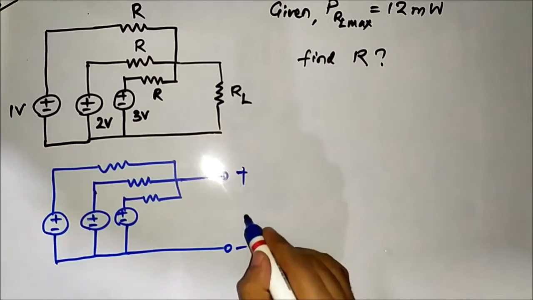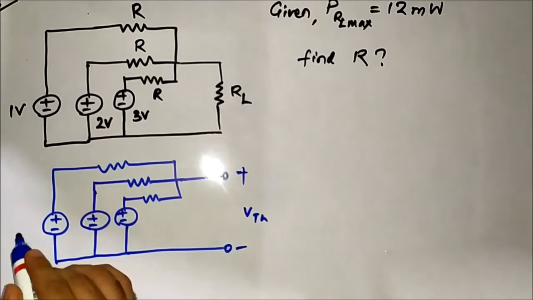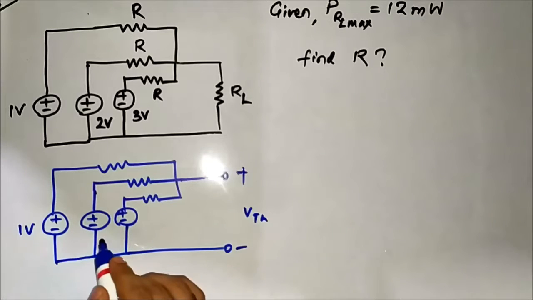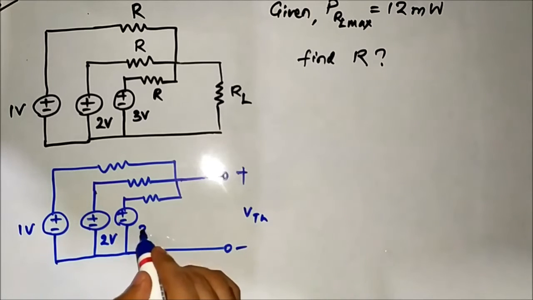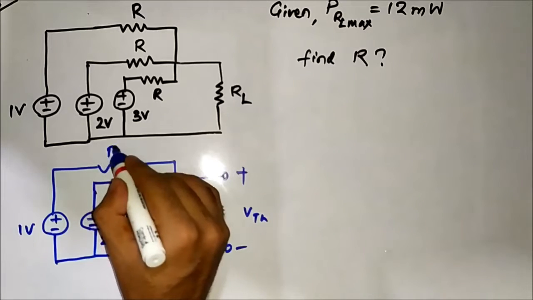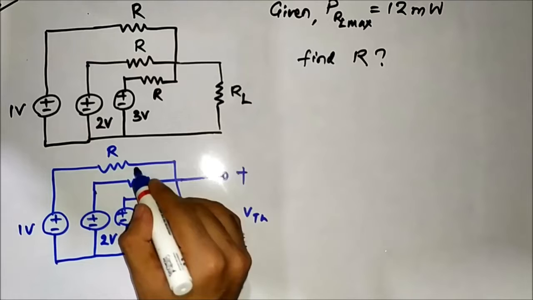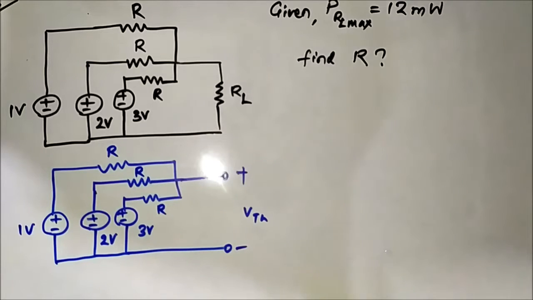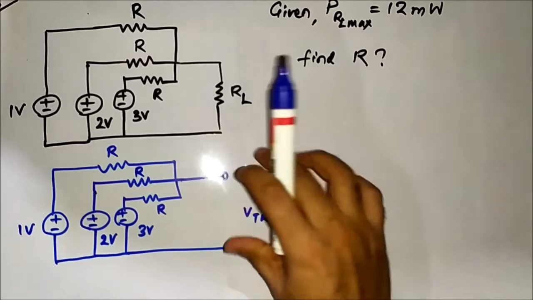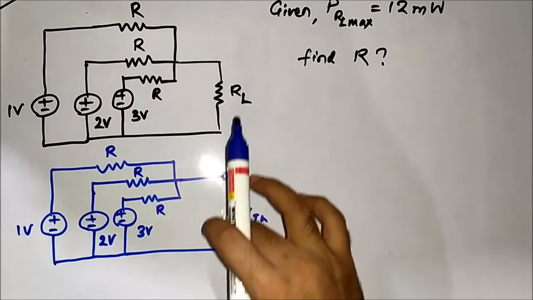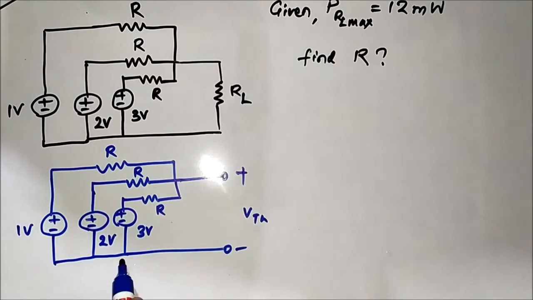This is VTH, this is 1 volt, this is 2 volt, this is 3 volt, and these are all equal to R. Now if you see, the voltage between these 2 points is VTH, between this and ground.